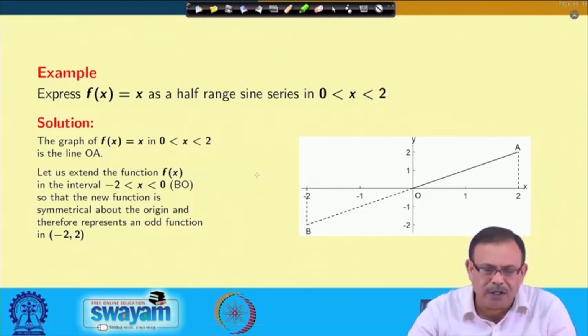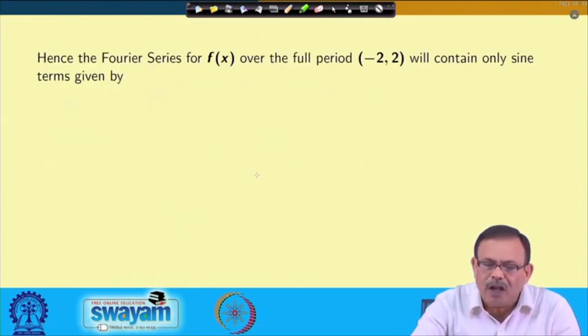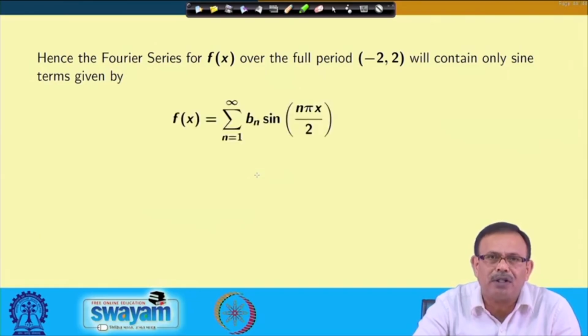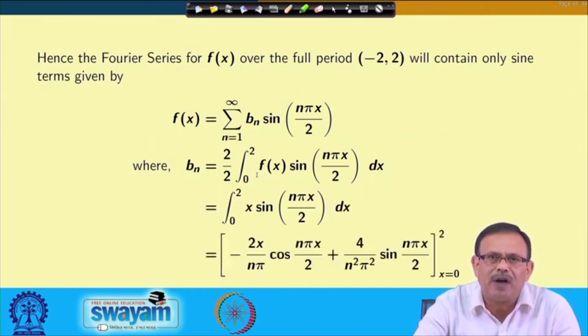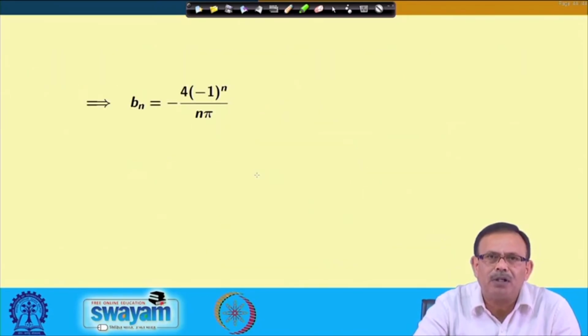So, once we have done it, f x in the full period minus 2 to 2 will contain sine terms as I told, and for b n we write 2 by 2 because L is here 2. If you calculate the value you will obtain b n equals minus 4 into minus 1 to the power n by n pi.